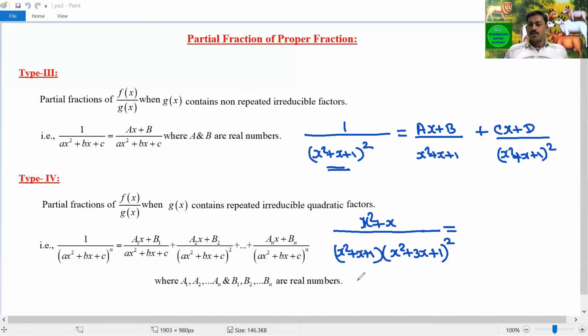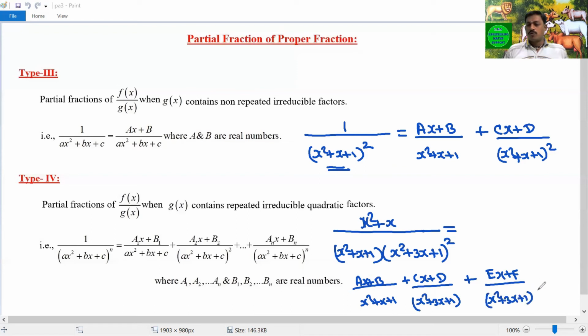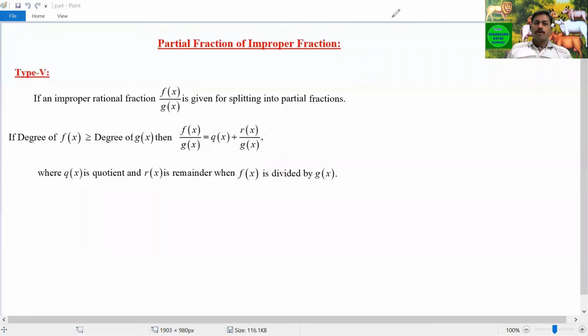We can express our partial fraction as Ax plus B divided by x square plus x plus 1, plus Cx plus D divided by x square plus 3x plus 1, and Ex plus F divided by (x square plus 3x plus 1) the whole square. This is the way we can express it when g of x contains both non-repeated irreducible factors and repeated irreducible factors.